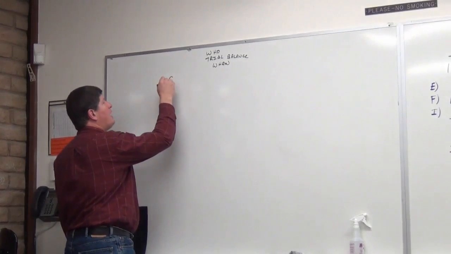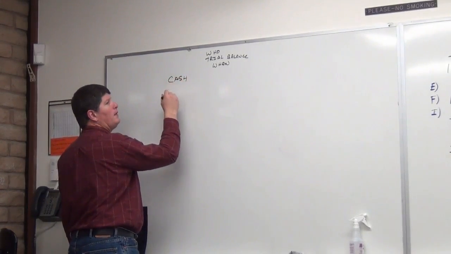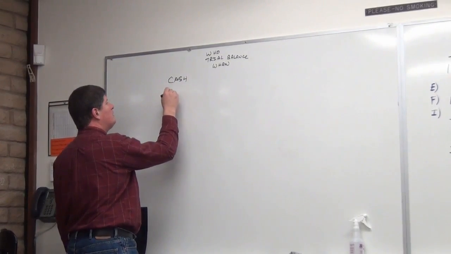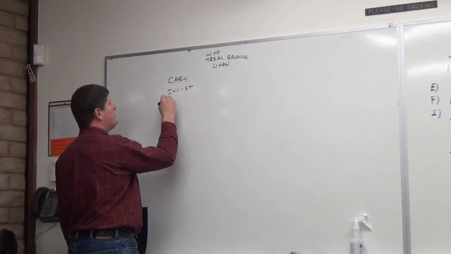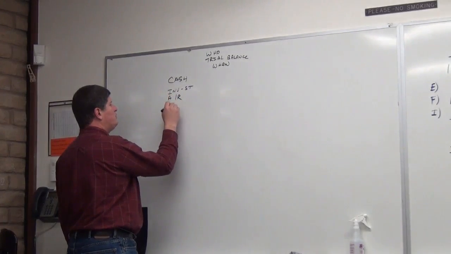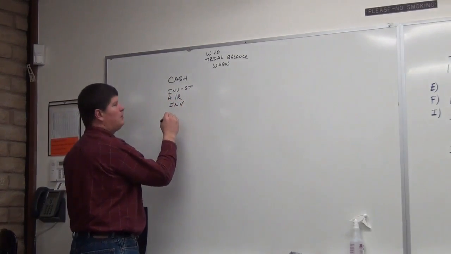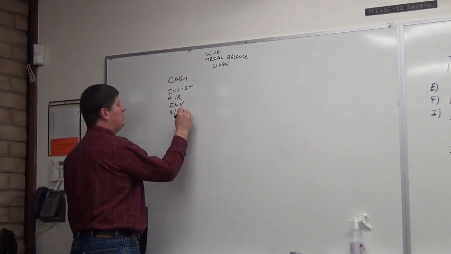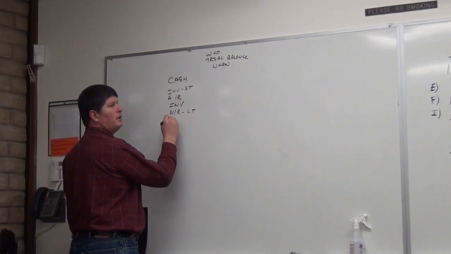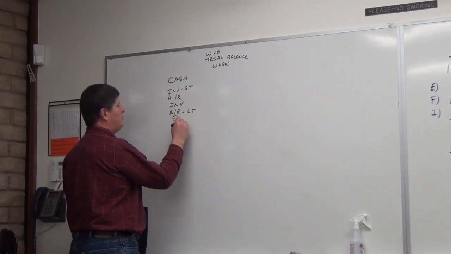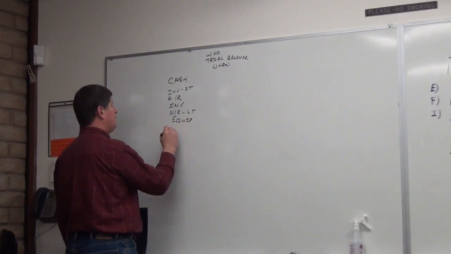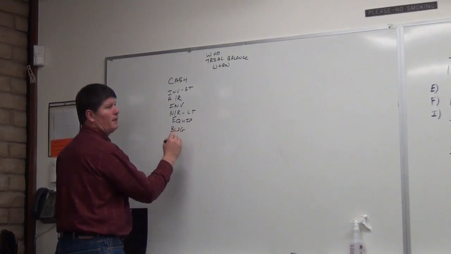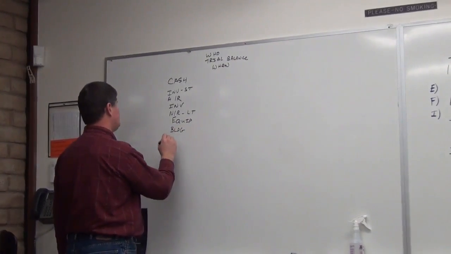So I'm going to list cash, investments, short-term, accounts receivable, inventory, notes receivable, long-term, equipment, building, intangible assets.